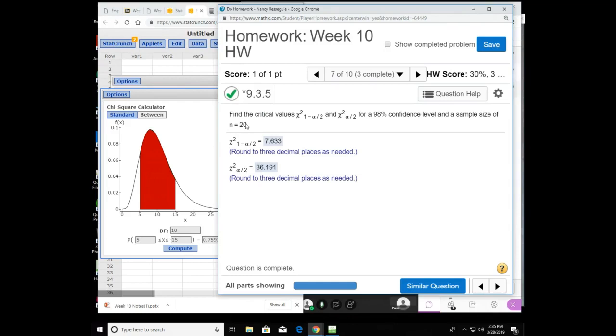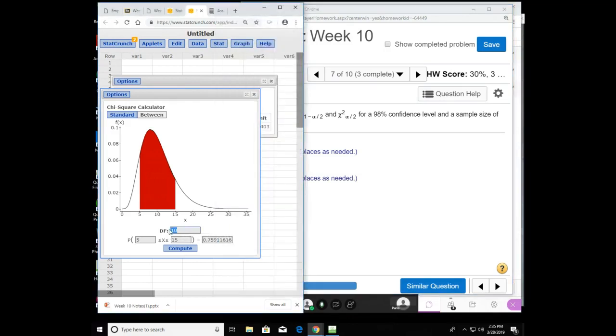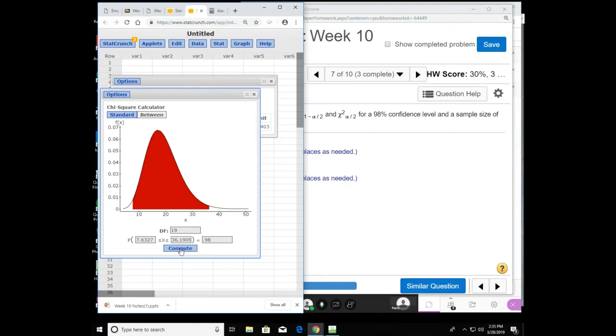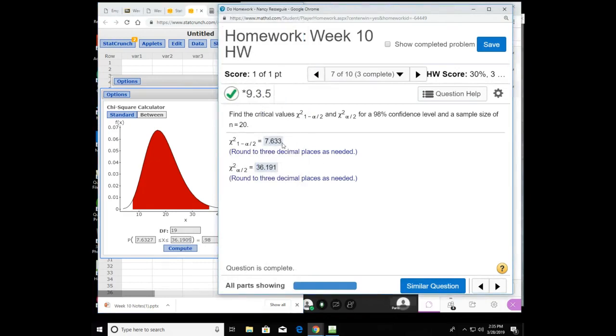So here where my n was 20, I put in 19 for my degrees of freedom. And then I just take the confidence level and put that as a decimal and put it into the right box. So the box on the right, and then do compute. And that gave me my 2 answers. The smaller one went in for the first answer, and the bigger one was the second answer.